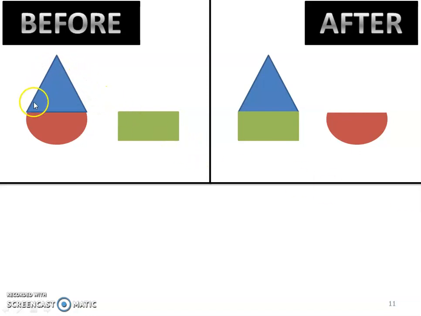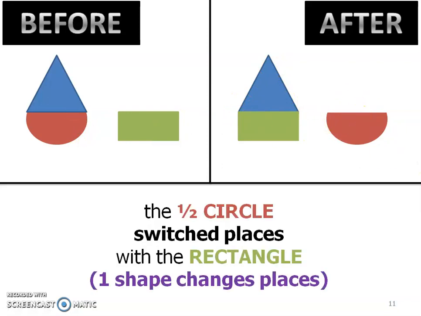Well, this is what I see. I see that triangle and half circle again. Maybe you call this again a raindrop, but I see a rectangle. So this rectangle actually switched places with that half circle and made a house and a half circle, or a half moon, if you will. So that half circle switched places with the rectangle. In other words, one shape changed places with one other shape.